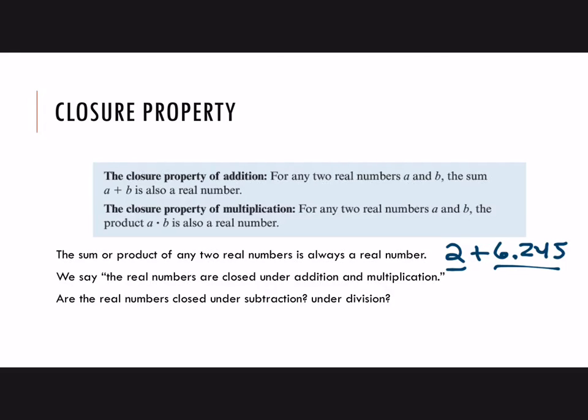How about subtraction? Are the real numbers closed under subtraction? Let's think about some common subtraction problems. We could do 6 minus 2, pi minus 4, 0 minus 1/2, square root 15, or square root 12 minus square root 3.